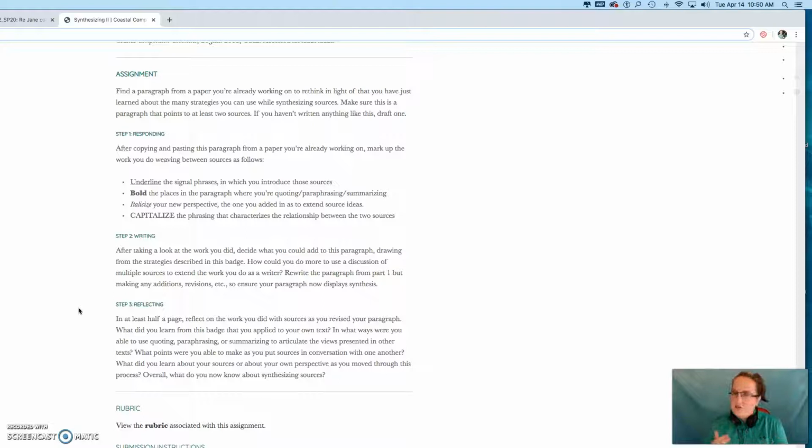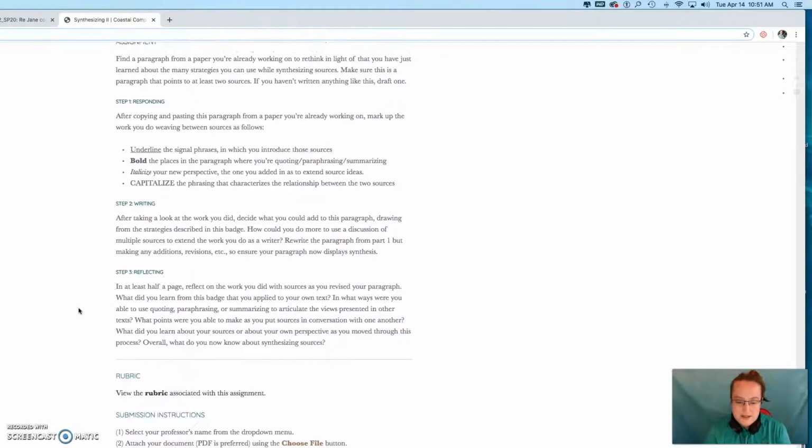Step 3, a lot of you are doing the reflecting, but make sure you do that step 2, because if you don't do all 3 steps, you're not going to pass the badge. So just keep that in mind. Okay? Just make sure you do all 3 steps.